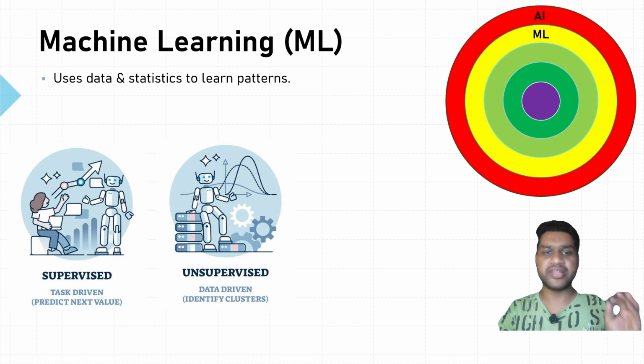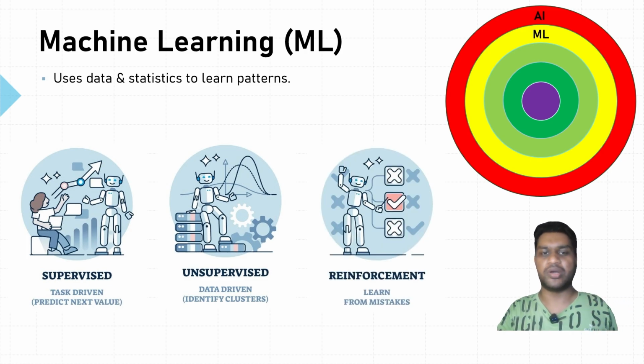Then after this, the third one is reinforcement learning. Here we say that the robot should be able to learn things on its own as per the environment. If the robot takes a correct decision, we are going to reward the robot. If the robot takes a wrong decision, we are going to punish the robot.